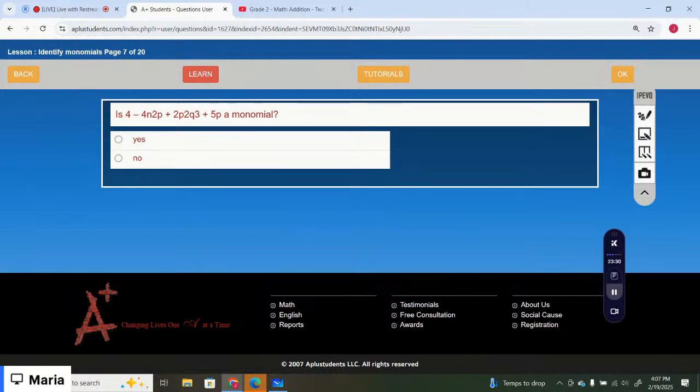Is 4 minus 4n squared p plus 2p squared q plus 5p a monomial?